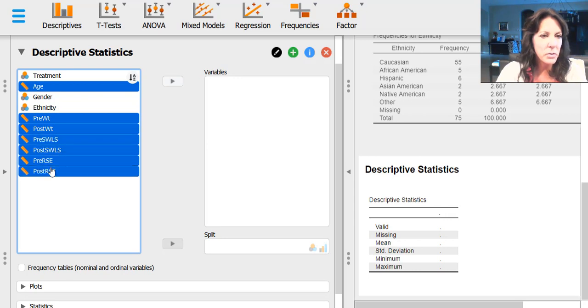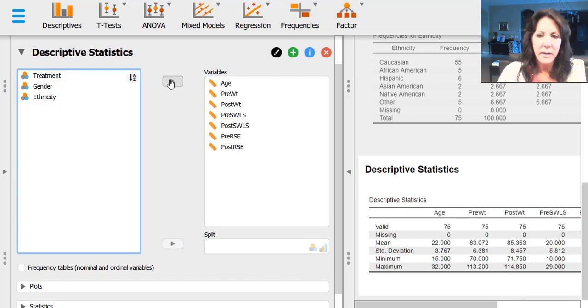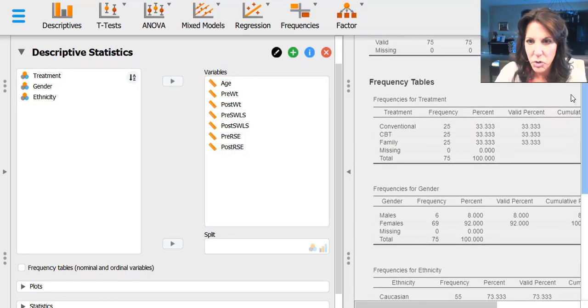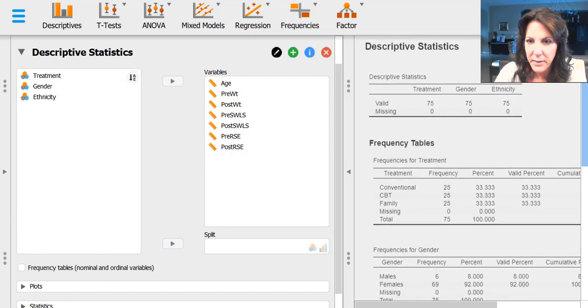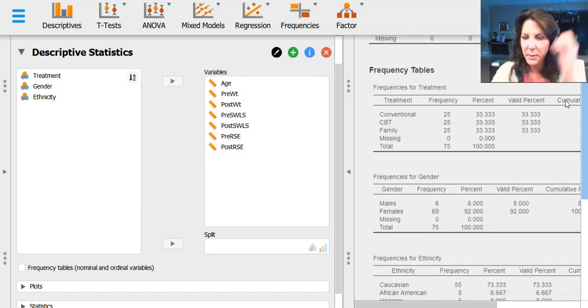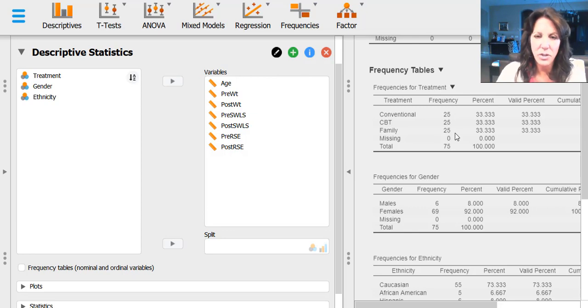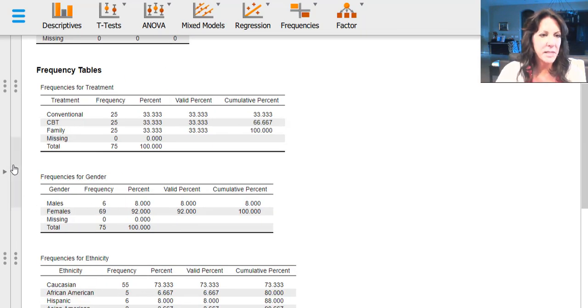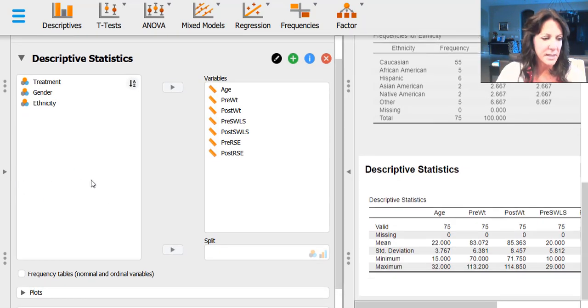One of the things I'm going to be interested in knowing right now is how many participants do we have, and are they in equal groups? So let's see. What I'm going to do to figure that out is I'm going to come over here to the frequency table, and I'm going to look at conventional, cognitive behavioral, and family. We do have equal groups, so when I get to my post hoc test, I can use the Tukey test. That's good news.